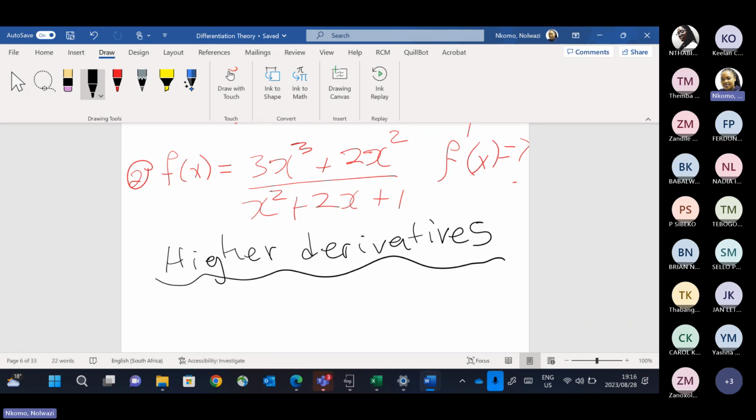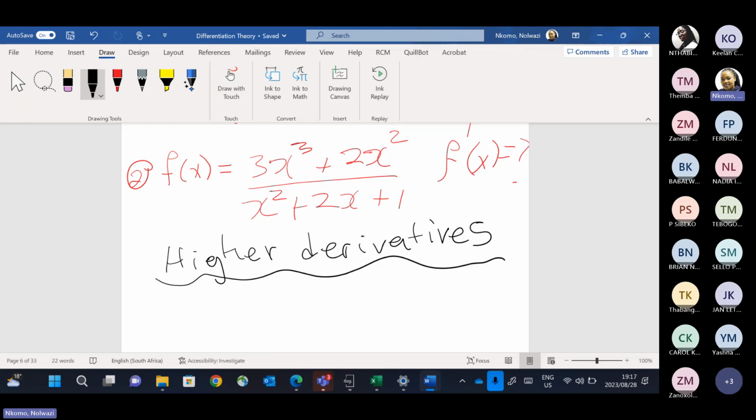We'll use higher order derivatives to determine the maximum profit, maximum revenue, or the minimum profit, and the points where the maximum is obtained. Right, that's the reason why we need to study higher order derivatives.